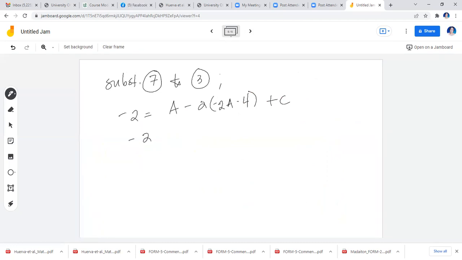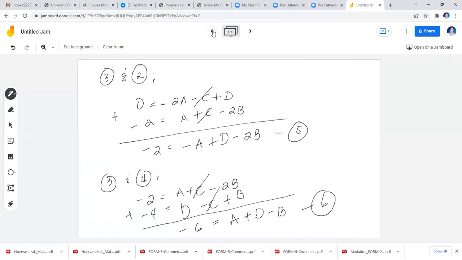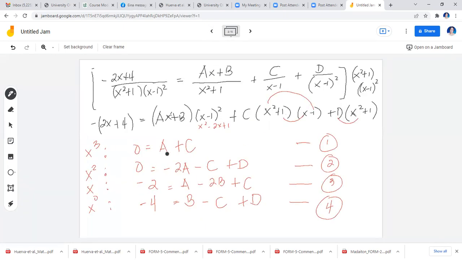So I have minus 2 equal to a plus 4a plus 8 plus c. You transfer it here, that would be negative 10, and that would be 5a plus c. Now, I have an equation of a in terms of c, and that's my equation 1 here.